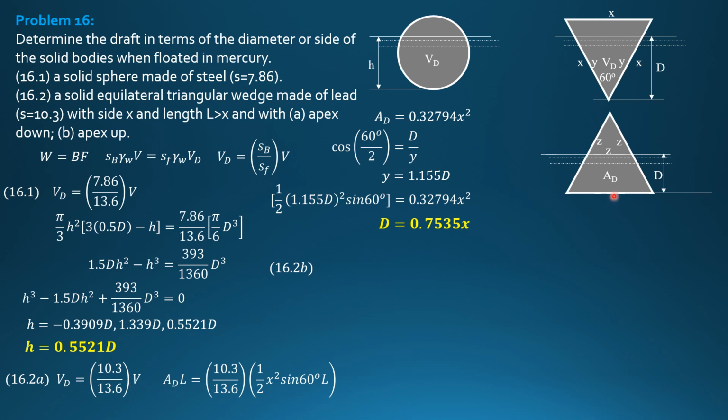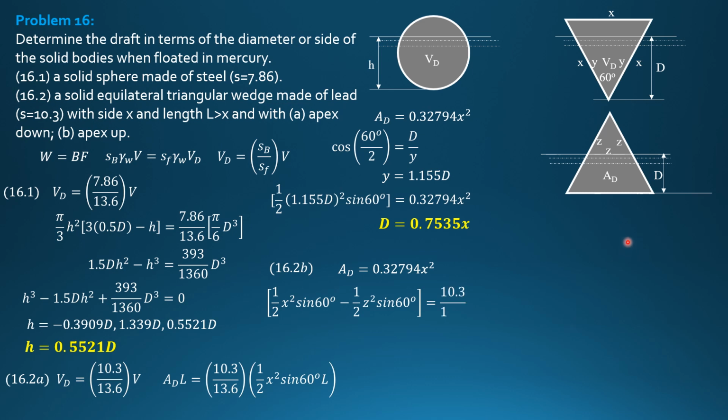It's only the orientation that is changed. So this area is the area of the big equilateral triangle minus the area of the small equilateral triangle. Area of the big equilateral triangle is 1/2 x squared sine 60. Then the area of this exposed equilateral triangle is 1/2 z squared sine of 60.